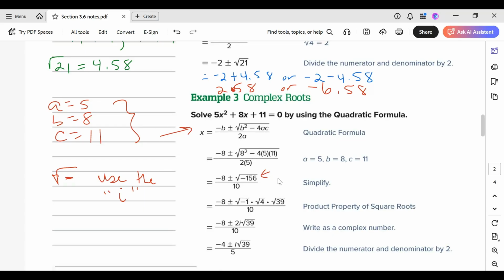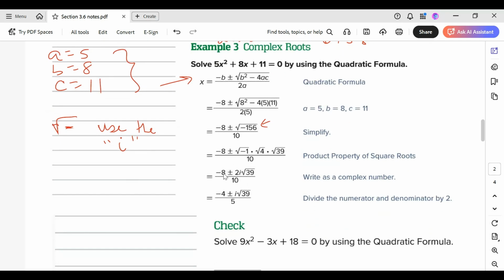So 156 breaks down into the square root of negative 1, the square root of 4, and the square root of 39: a negative value, a perfect square, and a prime number. When we got through it, we got negative 8 plus or minus 2i square root of 39, divided by 10. Here, 8 is even, 2 is even, 10 is even, so they reduced by 2.